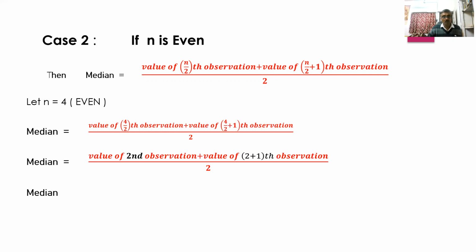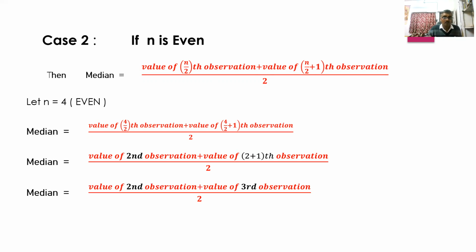Median is equal to the mean of the value of the second observation plus the value of the third observation. That is the mean of the second observation and the third observation. You can say it like this also. ऐसे भी बोल सकते हैं आप.